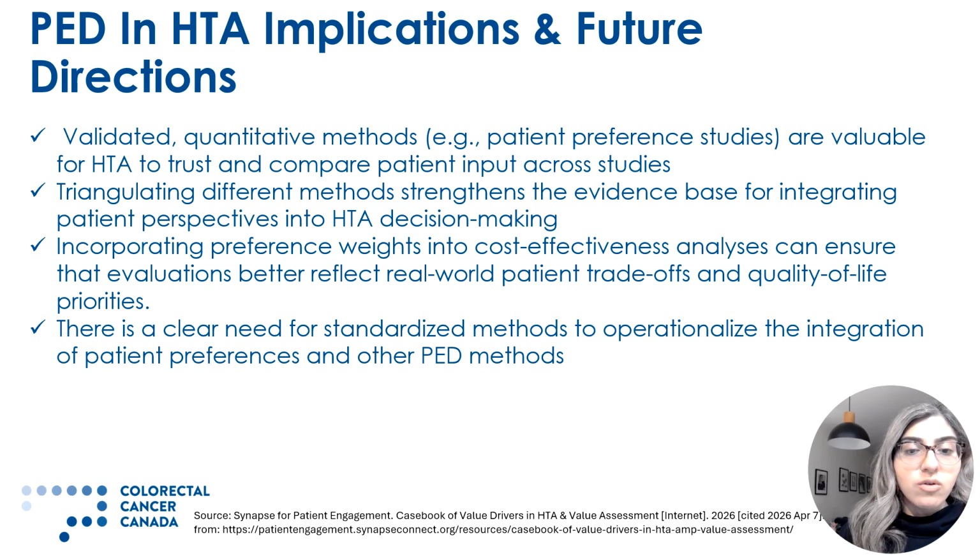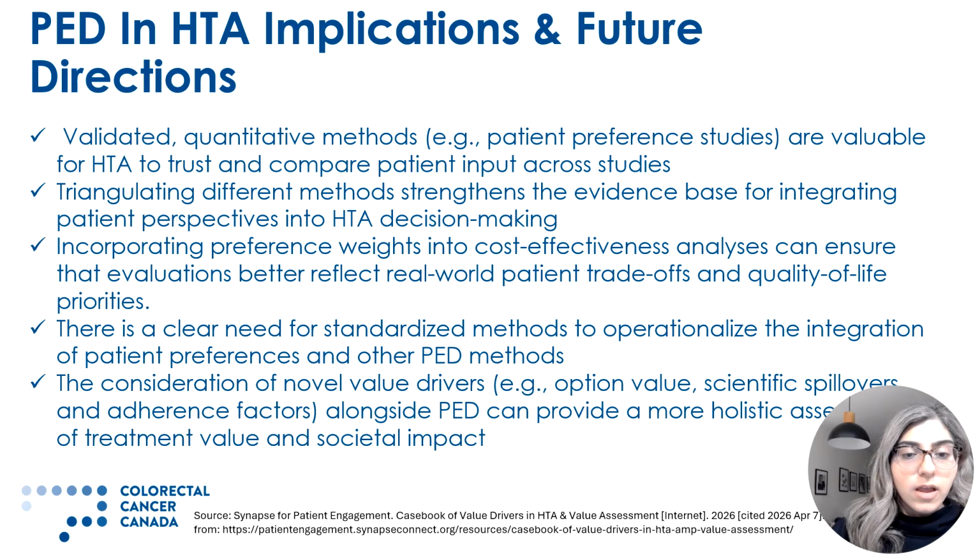So this can include more so the quantitative methods that were discussed that can collect areas such as PREMs and PROMs as well. And there's also the consideration of novel value drivers such as option value, scientific spillovers, and adherence factors alongside PED that can provide a more holistic assessment of treatment value and societal impact as well.